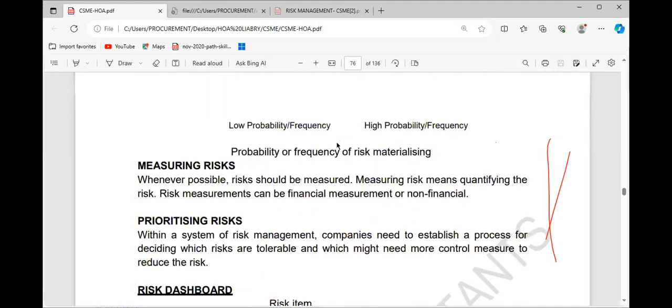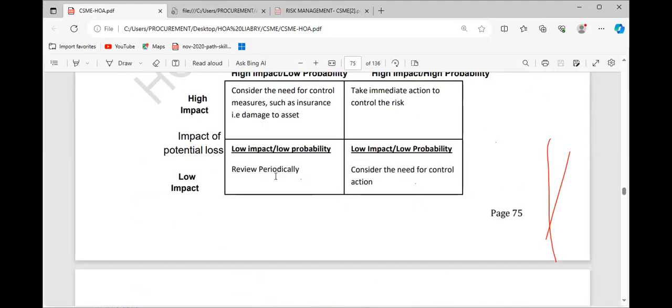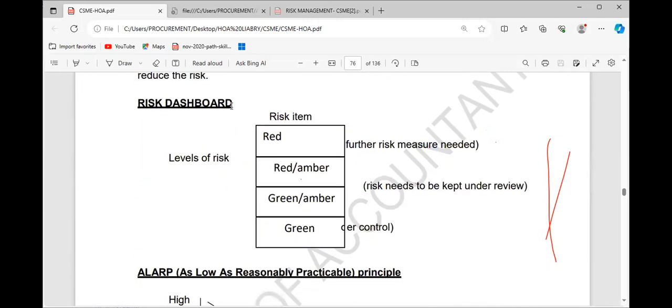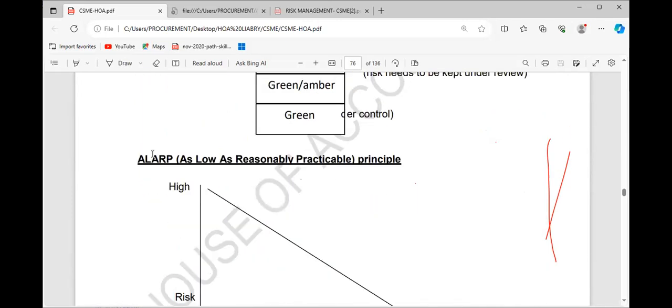Okay, don't forget we have talked about 2 things now. We've talked about the first one, the probability and frequency, risk of materializing, which is what we just discussed now. The second one is risk dashboard, and the third one we are going to talk about now is what we call ALARP. ALARP means as low as reasonably practicable principle.